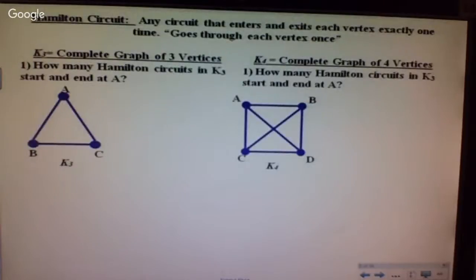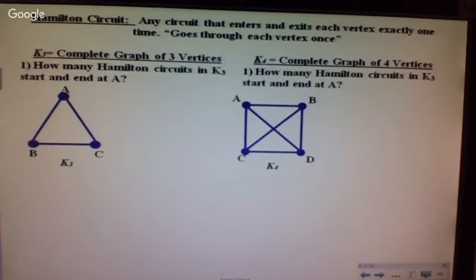Let's see if we can come up with these. A Hamilton circuit is any circuit that enters and exits each vertex exactly one time. So in other words, you go to a place once and only once. If I have a complete graph of 3, how many Hamilton circuits can we find that start and end at A?